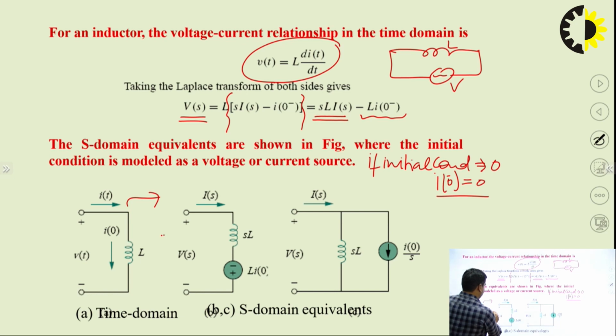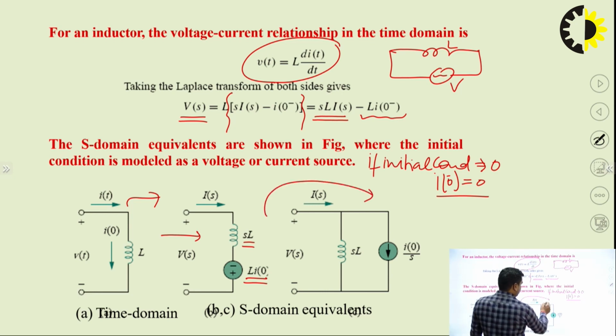So here is the transformation: I(s), sL, and L i(0-). The inductor is replaced by s times L, with a voltage source of similar polarity, L i(0-). We can have this voltage source in this form. It is a source transformation: by using source transformation, we convert the voltage source into the current source.